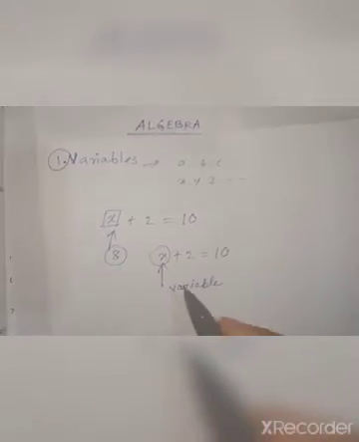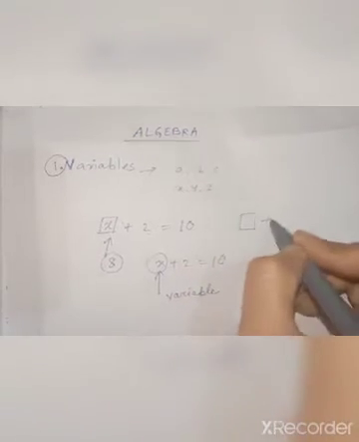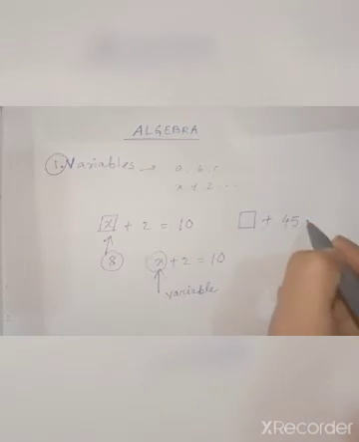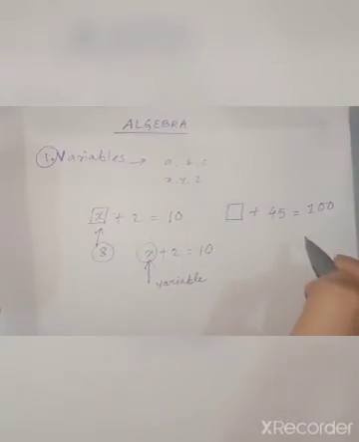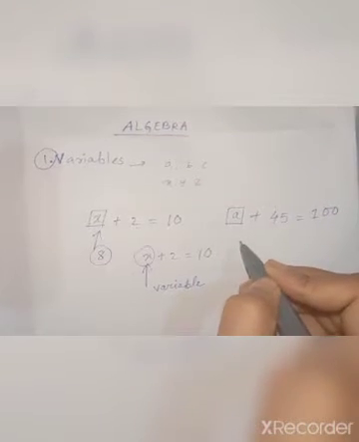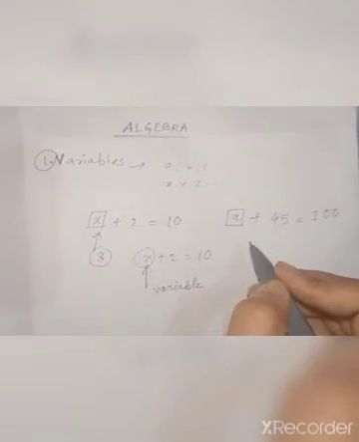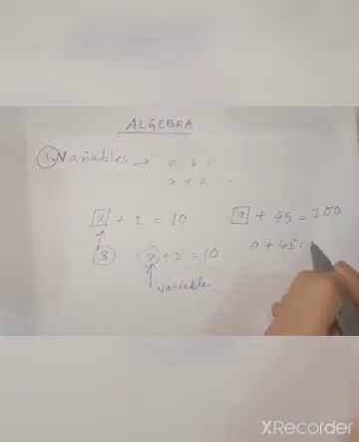Okay, then for example, in this box plus 45 is equal to 100. So we cannot find this easily. So we put here A or B or C. You can put any alphabet. So this will be A plus 45 is equal to 100.